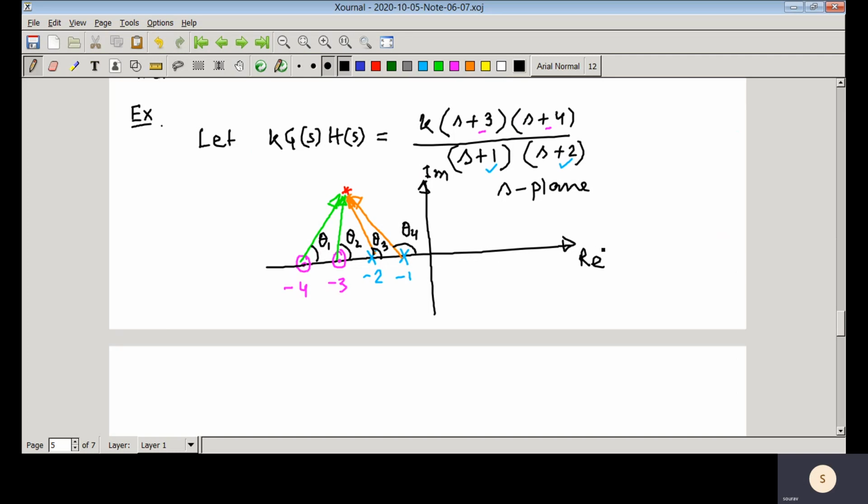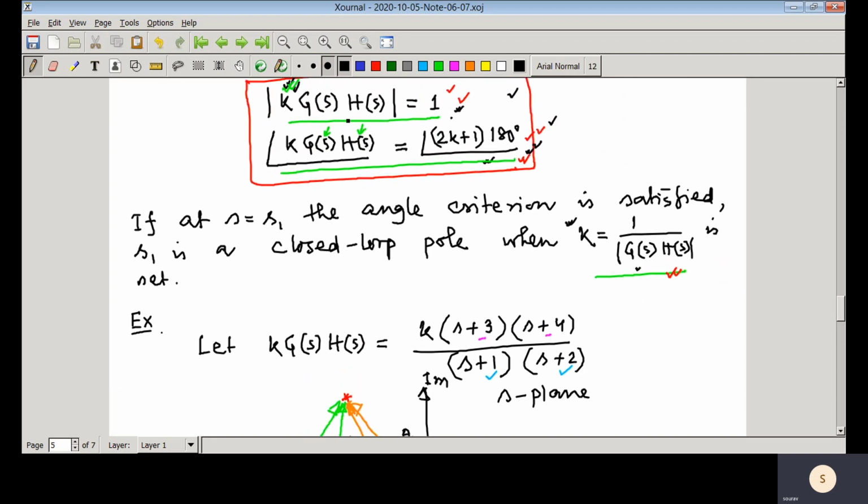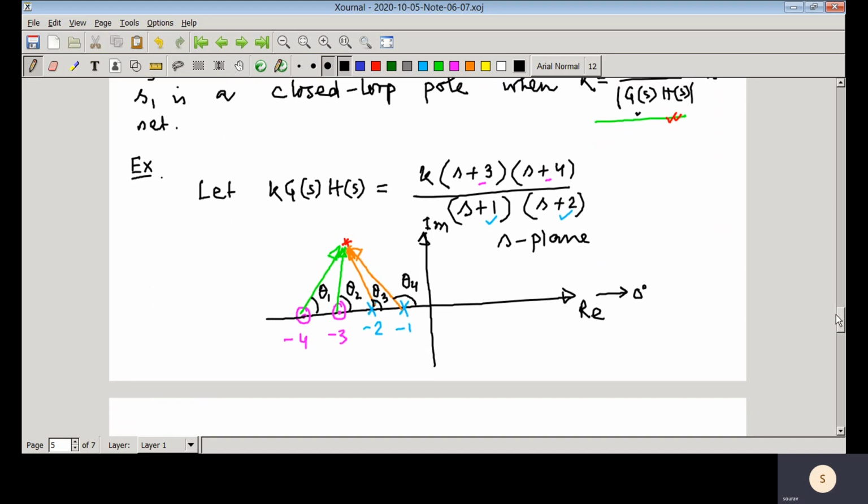This line is the reference line, that is 0 degrees. Then we can see the angle of this particular transfer function, so what would be the angle?